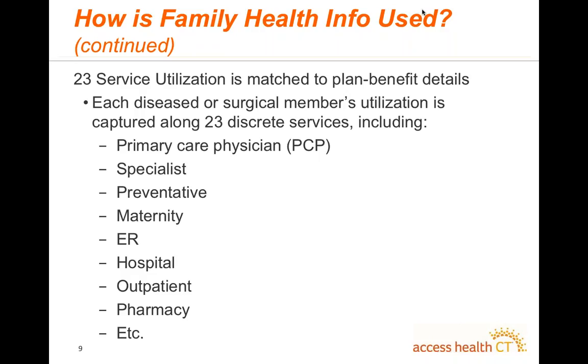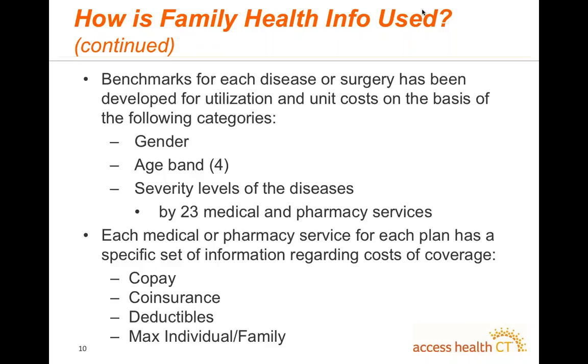So these are the plans that we compare across all the plans within metals and across the exchange. So we run the algorithm by these different plans in a way to implement these tools.